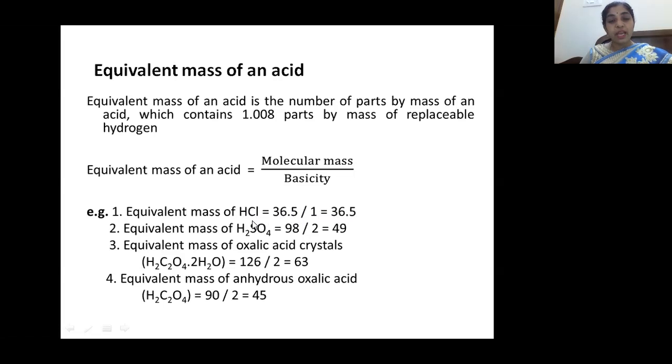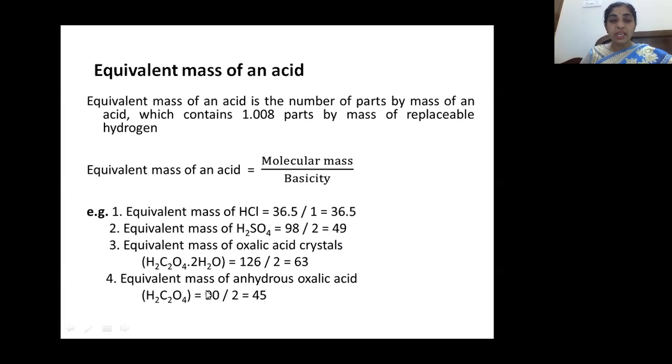Similarly, for dibasic acid, that is sulfuric acid, where two replaceable hydrogens are present, or 2 is its basicity, its molecular mass 98 by 2 gives you 49 as the equivalent mass of sulfuric acid. Similarly, if we consider oxalic acid crystals, that is with two molecules of water, its molecular mass is 126 divided by its basicity 2, so its equivalent mass is 63.